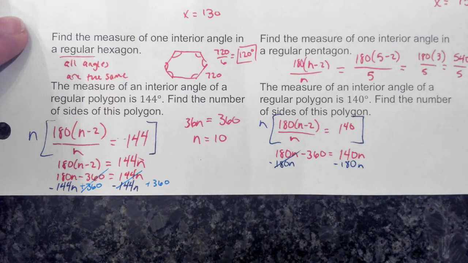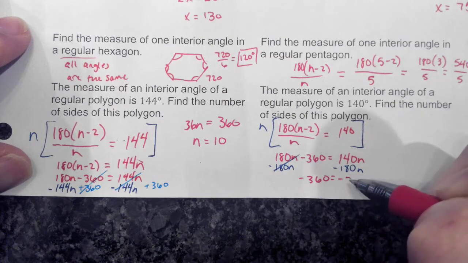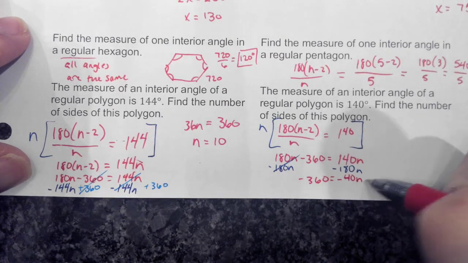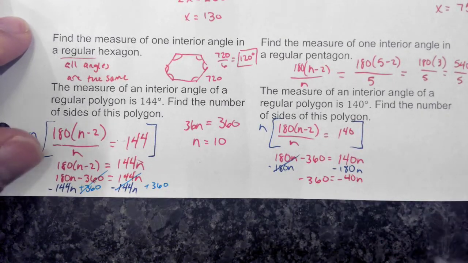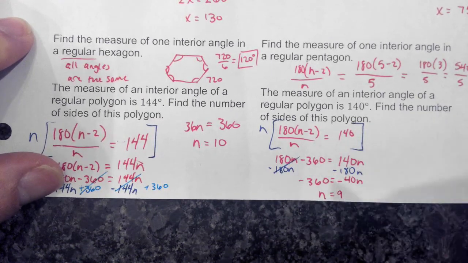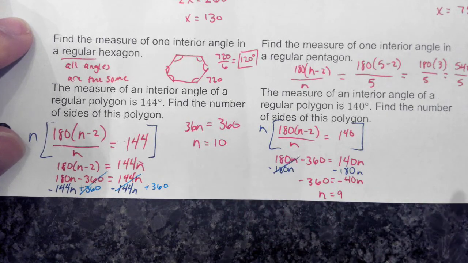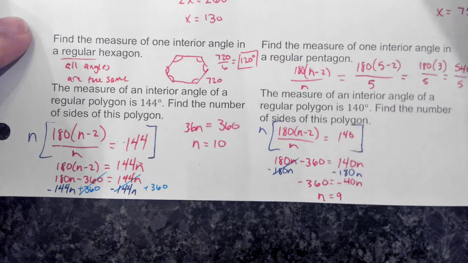Those cancel, and we've got negative 360 equals negative 40n. If you divide by negative 40, what does n equal? n equals 9. So how many sides does it have? 9. What type of figure is it? A nonagon. Maybe you remember that. Okay. So that's angle measures.